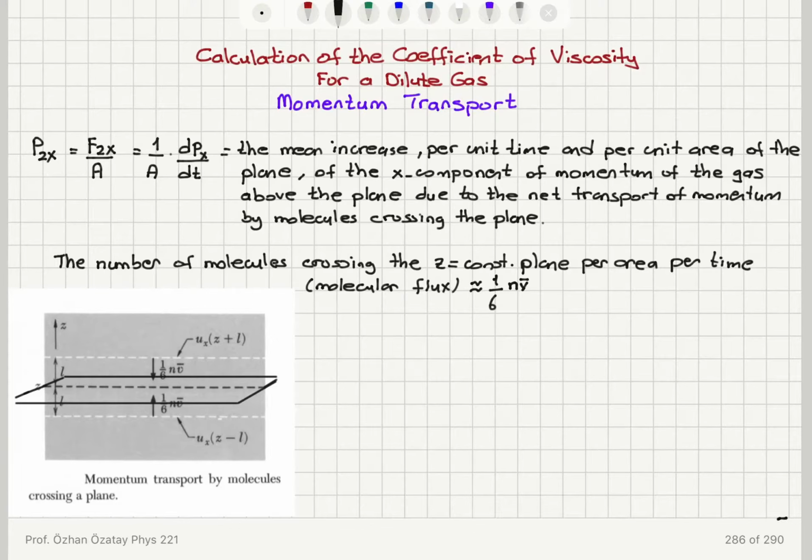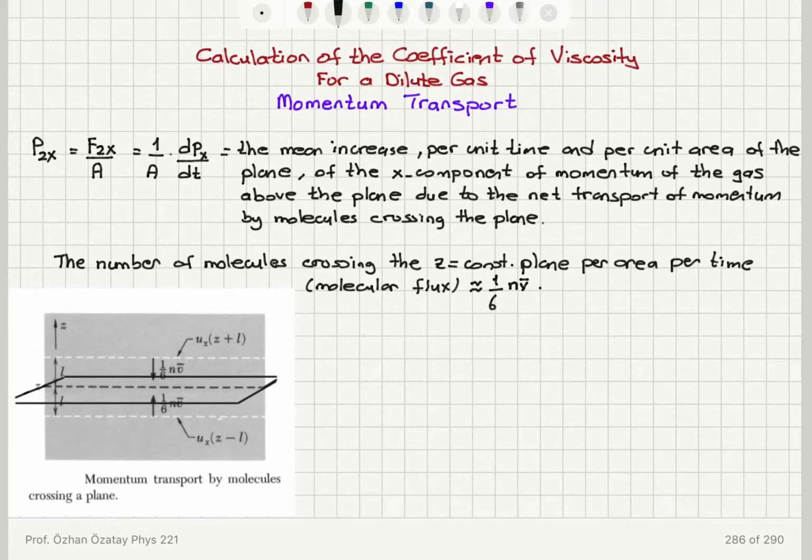But if you remember, if we go back to our discussion of the molecular flux in the Maxwell velocity distribution and molecular beam apparatus, it was actually 1/4 n v bar because of the spherical distribution of molecules. But this is also a good approximation. We can use 1/6 n v bar using this argument of random direction.